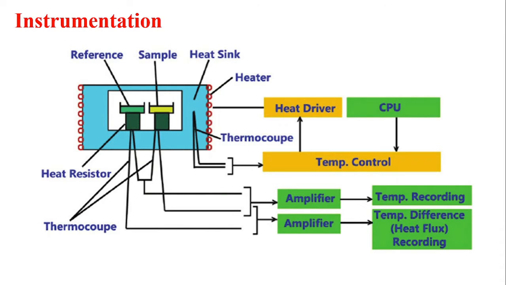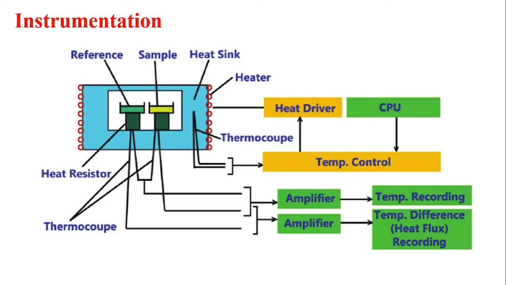This is the basic diagram of DSC. This is how a simple DSC looks like. It has a heat driver, thermocouple, heat resistor, amplifiers. These thermocouples are the detectors in DSC.